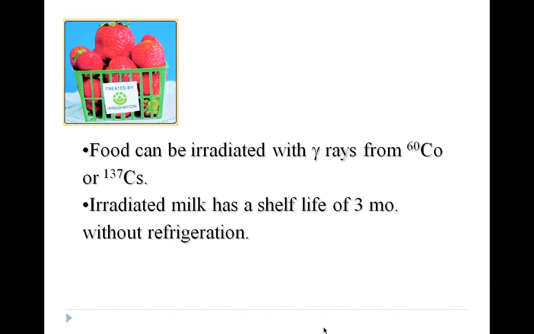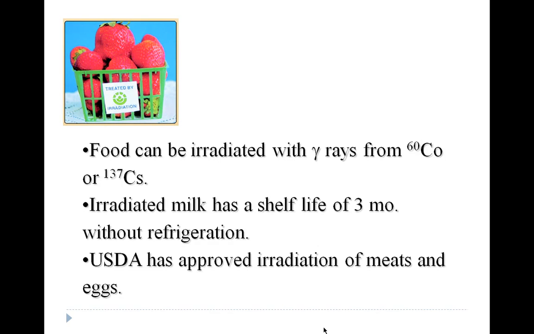Irradiated milk, believe it or not, can have a shelf life of 3 months without refrigeration. So there's a lot of cool applications for radiation for killing things that can be harmful to us. And the USDA has approved irradiation of meats and eggs, and you sometimes see a sticker that identifies foods that have been irradiated to make them more safe.